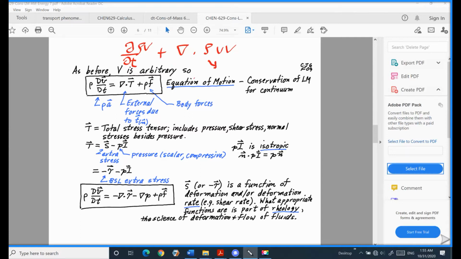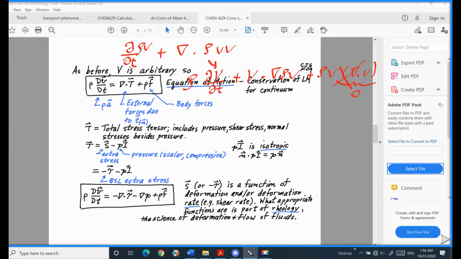If rho is constant, I can take rho out, then partial v over t, and I can write that one in the open form like this: v dot product gradient of v. If rho is constant, then from the continuity equation, this term is going to be 0. Cancel that term. Finally, we got that one here.